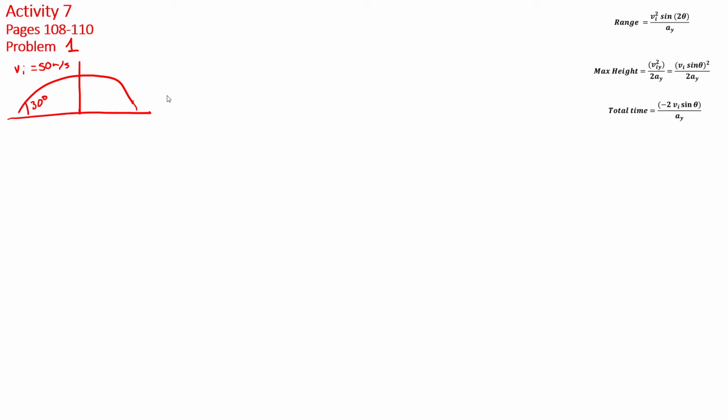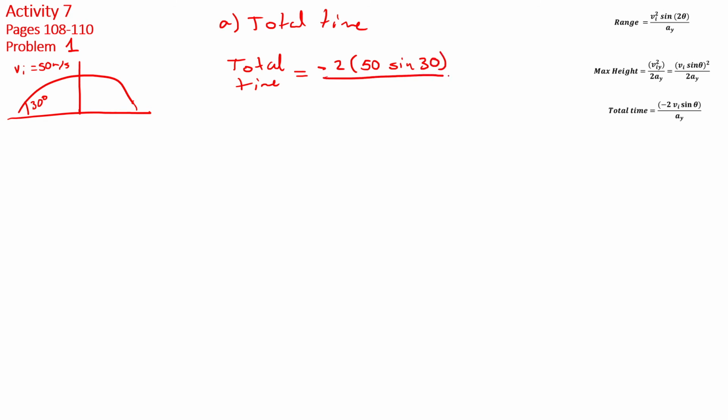And they are asking in question A the total flight time. So the total time is equal to minus 2 times the initial velocity, 50, multiplying sine of the angle, 30, divided by minus 9.8 meters per second squared.